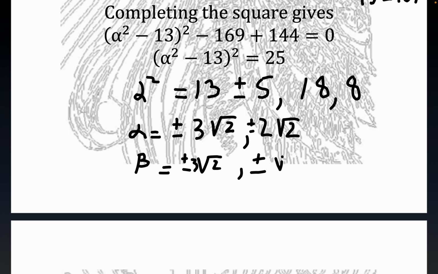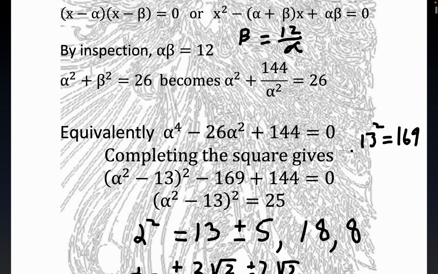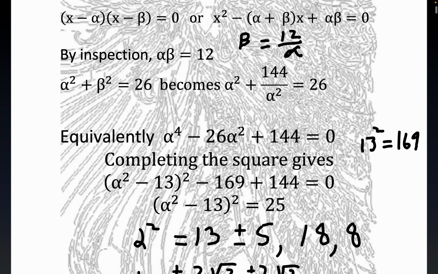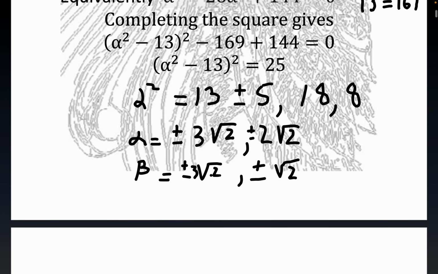Those are the possibilities for alpha and beta. It's just because we arbitrarily chose to express beta in terms of alpha, but we can express alpha in terms of beta also and get these symmetric solutions. These are the solutions, or the possible zeros.